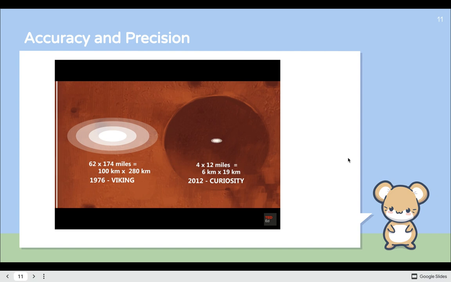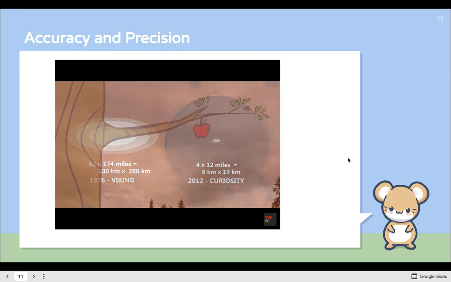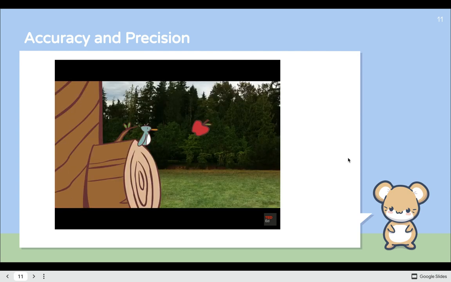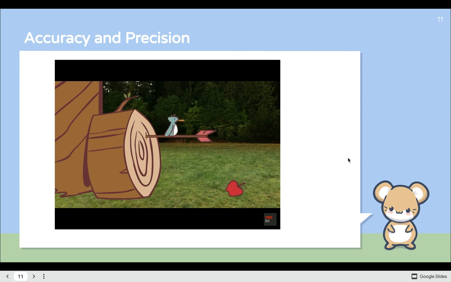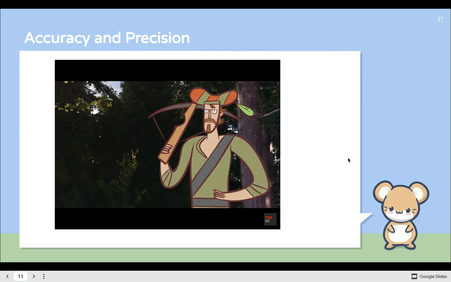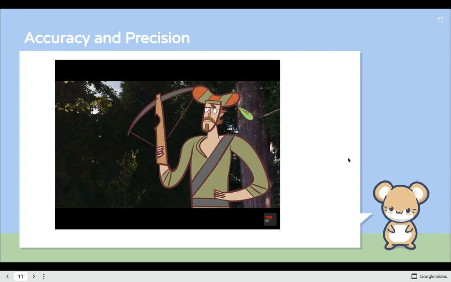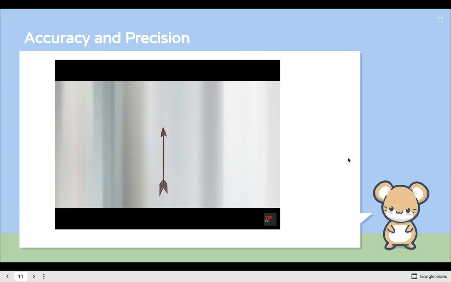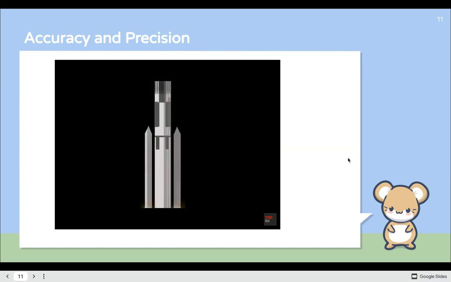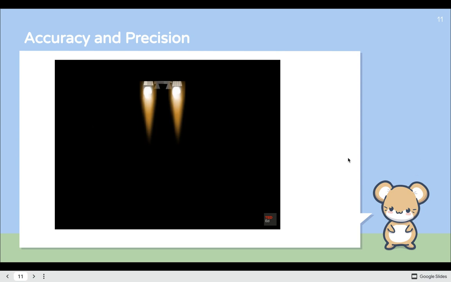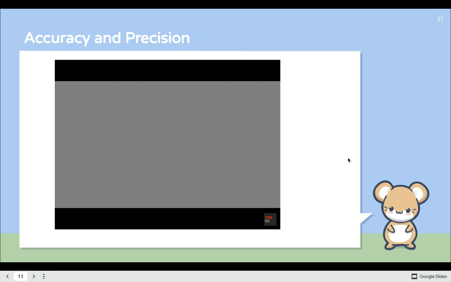This allowed NASA to target a specific spot in Gale Crater, a previously unlandable area of high scientific interest. While we ultimately strive for accuracy, precision reflects our certainty of reliably achieving it. With these two principles in mind, we can shoot for the stars and be confident of hitting them every time.